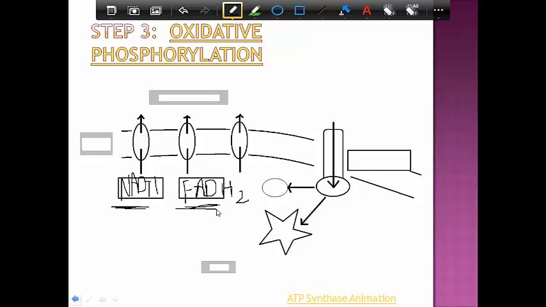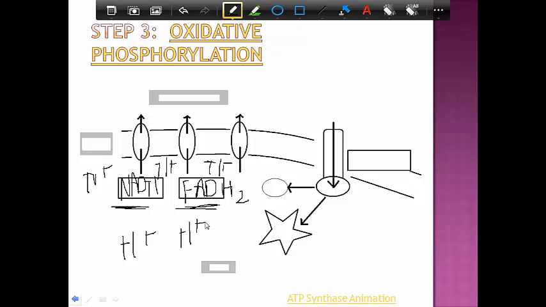So there are hydrogen ions that are loose. These are my H pluses. They drop off their hydrogen ions in the matrix, and then they go back to glycolysis and the citric acid cycle to get more hydrogen ions, so they can be reused over and over again.